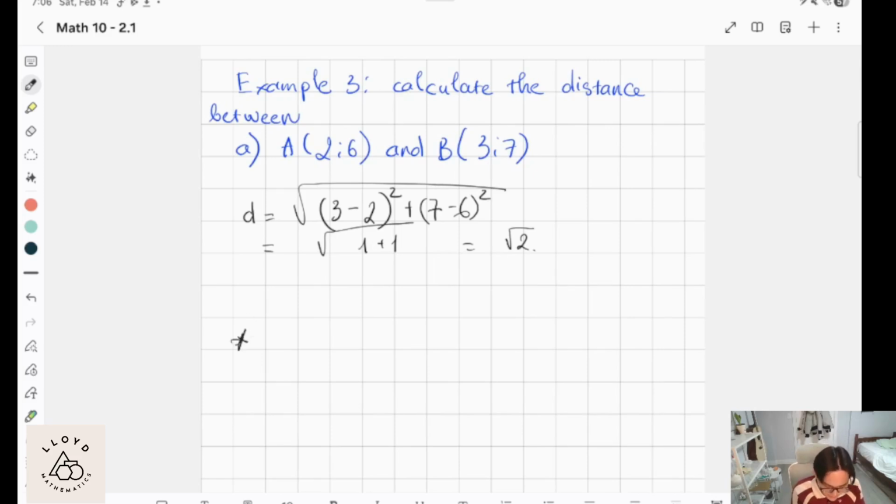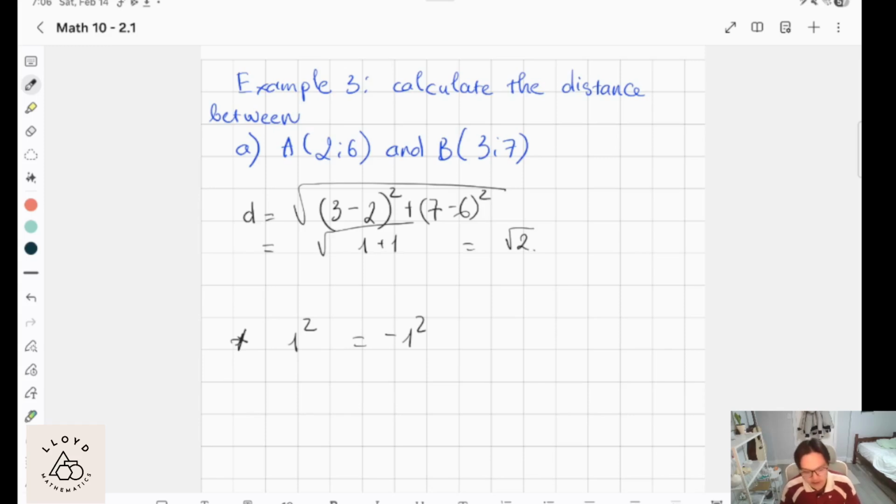In this question, I want to mention something. As you can see, 1 squared is equal to (minus 1) squared. So we don't need to consider which is the first point and which is the second point. It doesn't matter, because when we square, the signs cancel and it's the same thing.